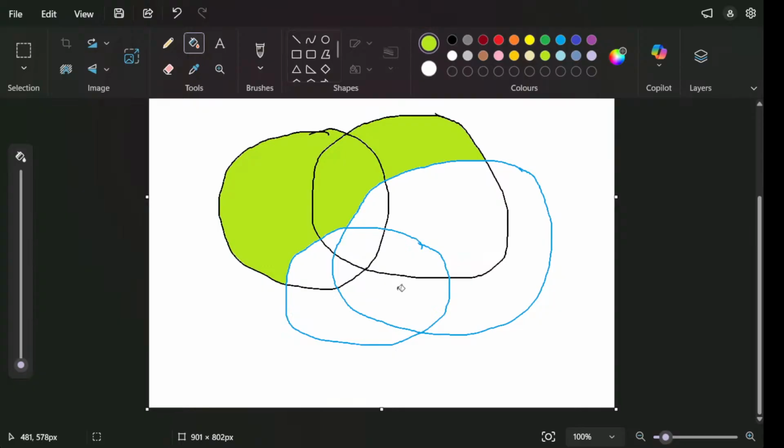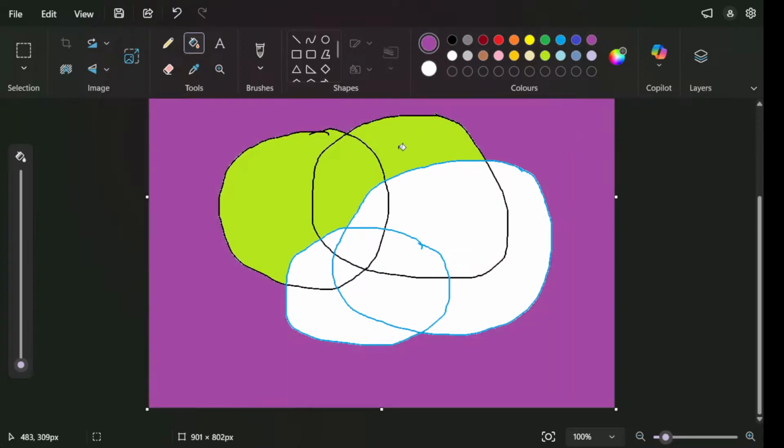Wait, is it? The union of G's complement is everything outside. So that would be this guy and this guy. So these guys are all part of the union of G's complement, right?